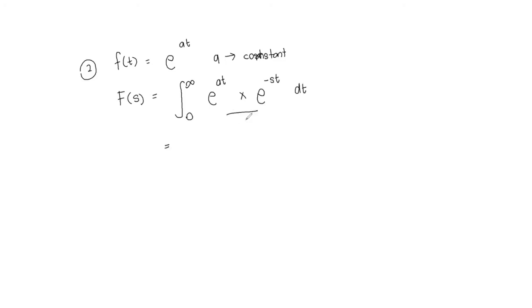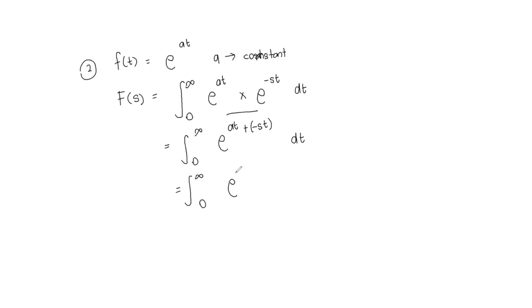Since this is a multiplication, you can combine both exponentials, at plus minus st, and this is dt. Bear in mind, we want to make sure that this is in the form of negative exponential function. Let's try to modify this. We want to make sure that this is in the form of exponential decay function.